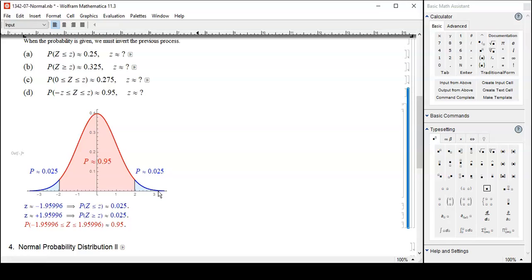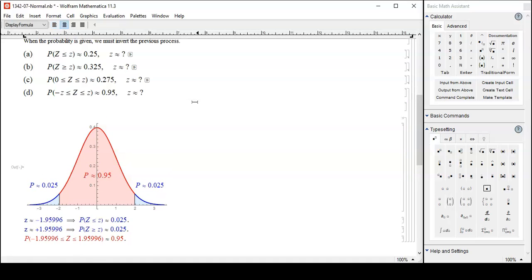So what do we have to look up? For this z value, 0.95 and 0.025, so you have to look up the probability value closest to 0.975.